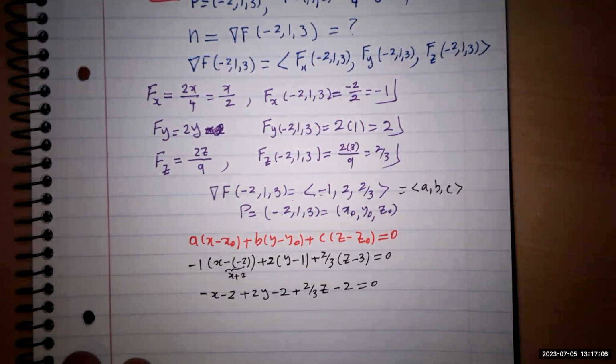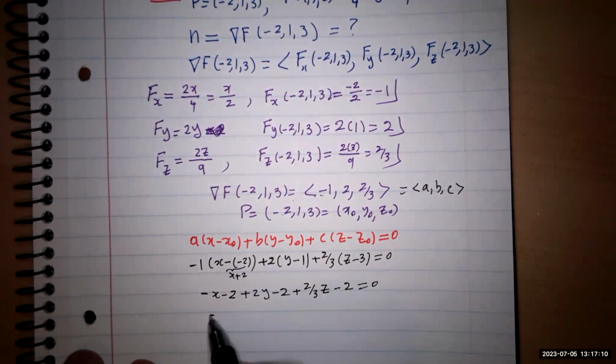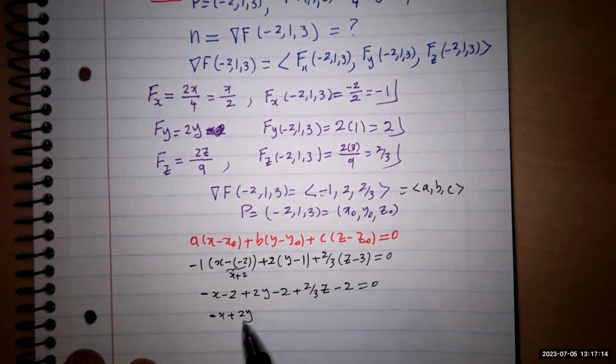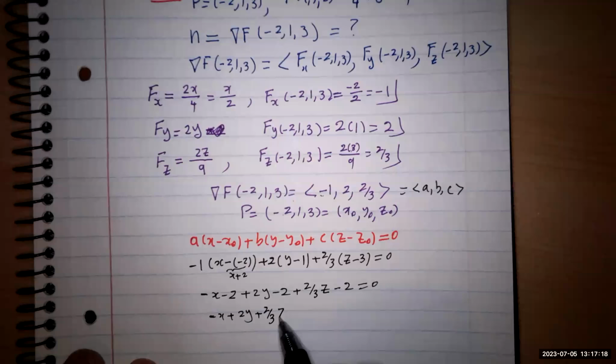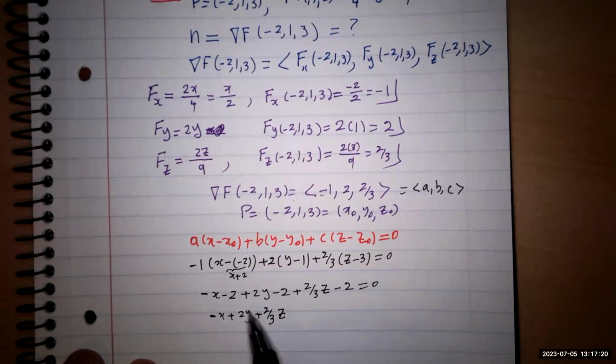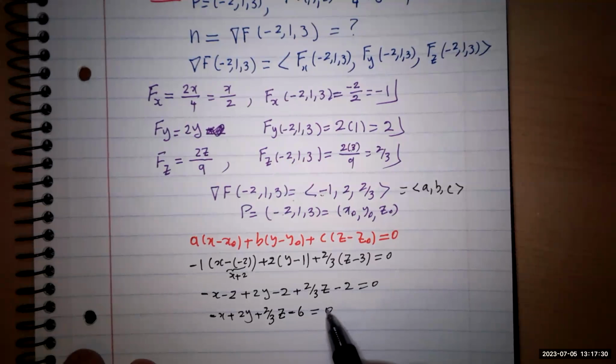We can just multiply inside. So what else we can do is negative x plus 2y plus 2/3 z. Then you simplify the numbers. So the negative 2, negative 2, negative 2 gives you negative 6, and it is equal to 0. That's it.